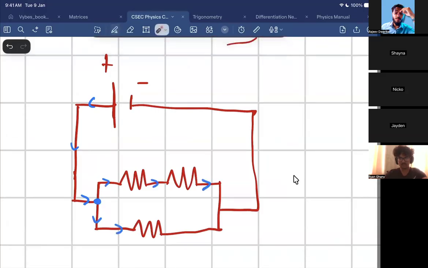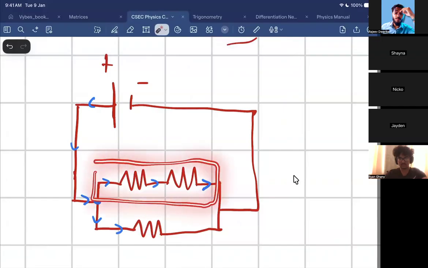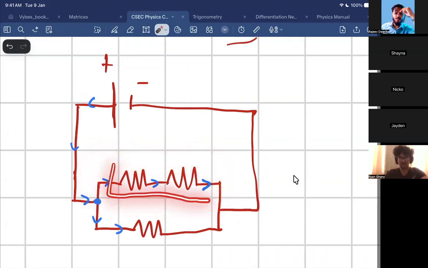What are you noticing over here? Even though it's split, what are you noticing? It has more than one resistor. Right, but these two resistors are in what? Series. Can you all see that the two resistors on top are in series?